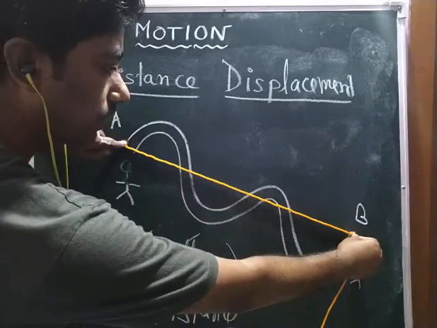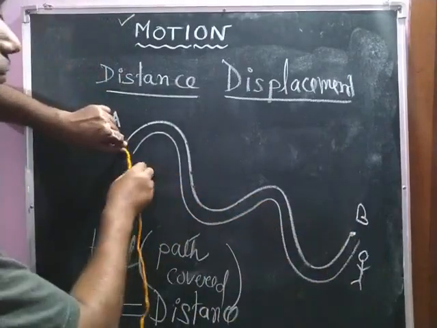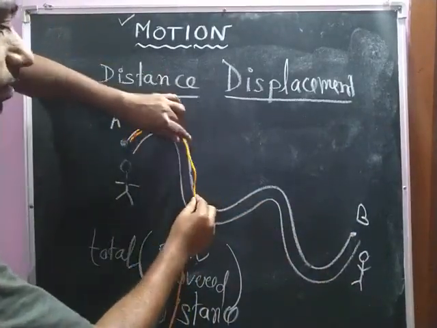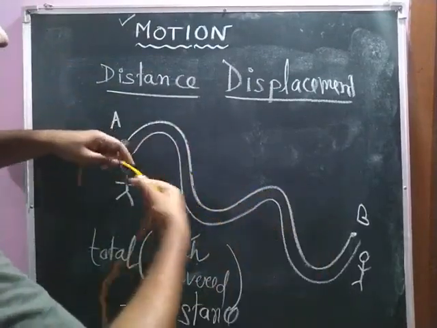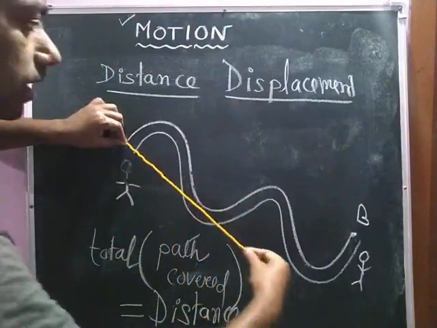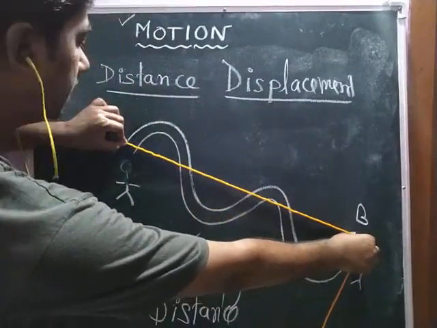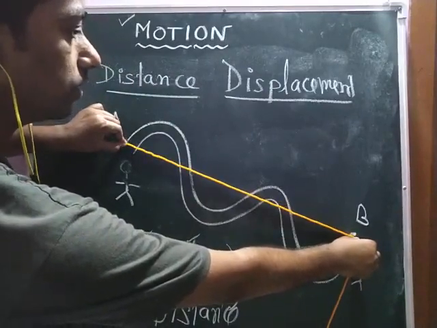Can you see the difference? While calculating distance, we went along the path like this, but in case of displacement, we take the starting and the final point like this. So basically this is the shortest distance between the initial and the final points.